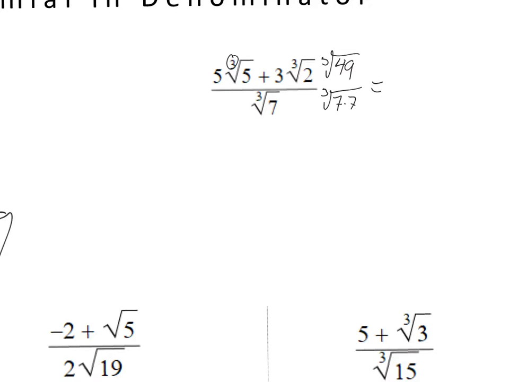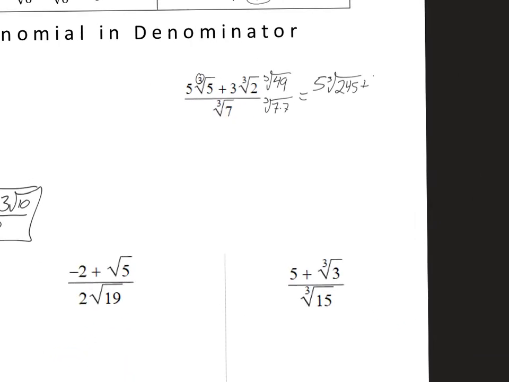So I have 5 times the cube root of 49 times 5 is 245 plus 3 cube root of 2 times 49 is 98 over the cube root of 7 times the cube root of 49 is just 7.